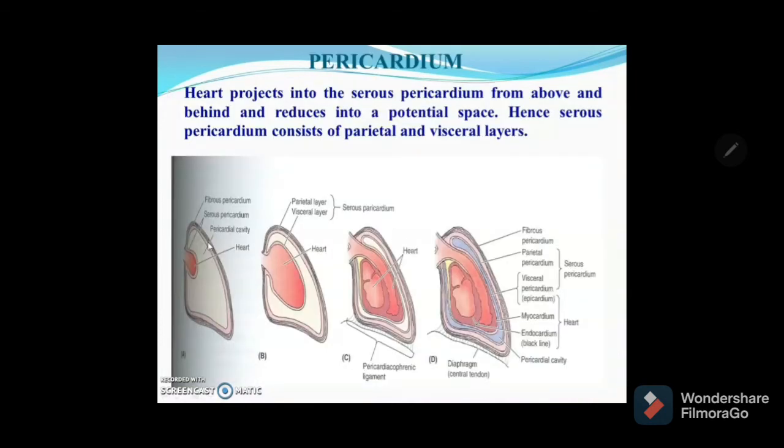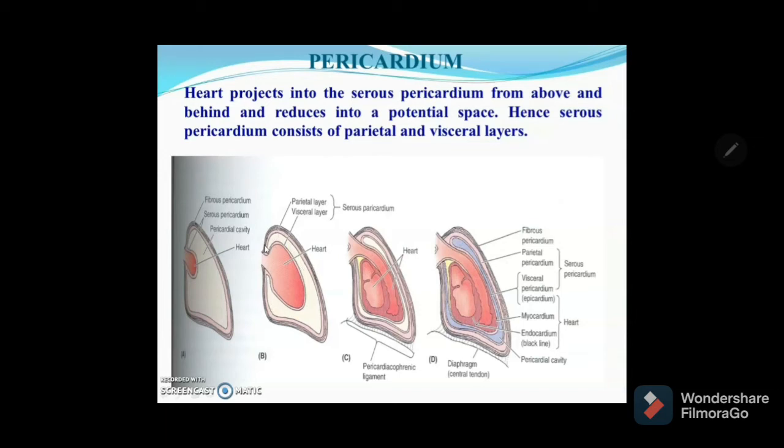This is one more depiction. You can see here, this is the fibrous pericardium outside, and inside is the closed serous one. The heart is entering into the serous sac, not inside it, it is reducing it into a cavity. So this is what happens during development.